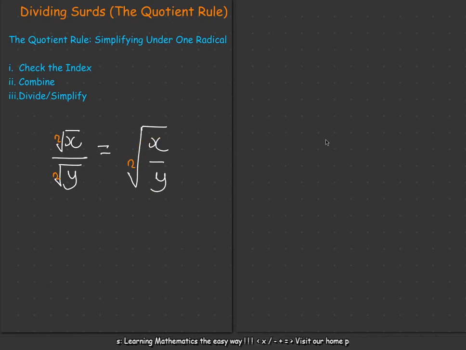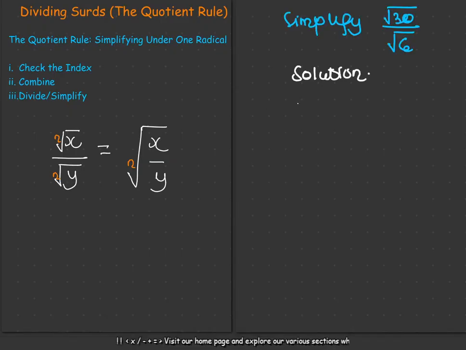So let's pick some examples and see what this actually means. For this first question, it says simplify the square root of 30 over the square root of 6. Since they both have square roots, the rule is saying that we can combine the square roots for both of them.